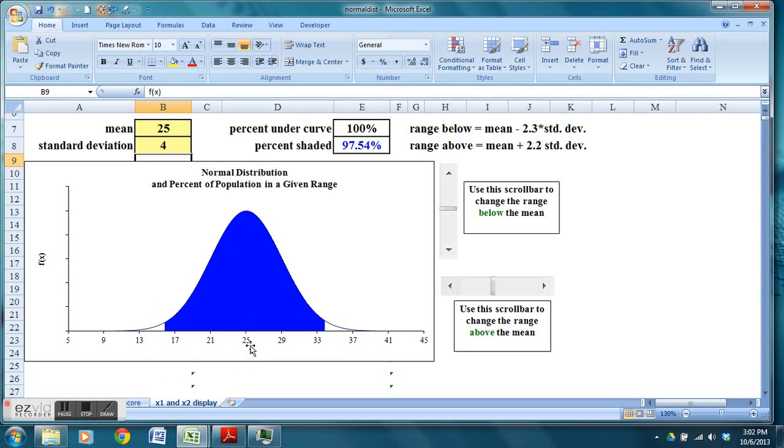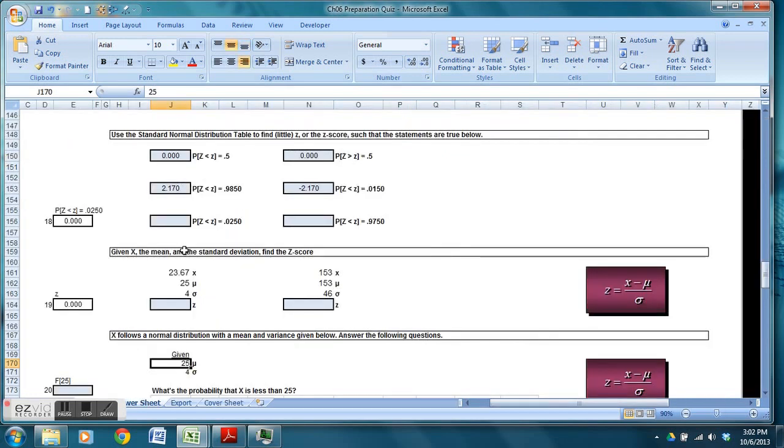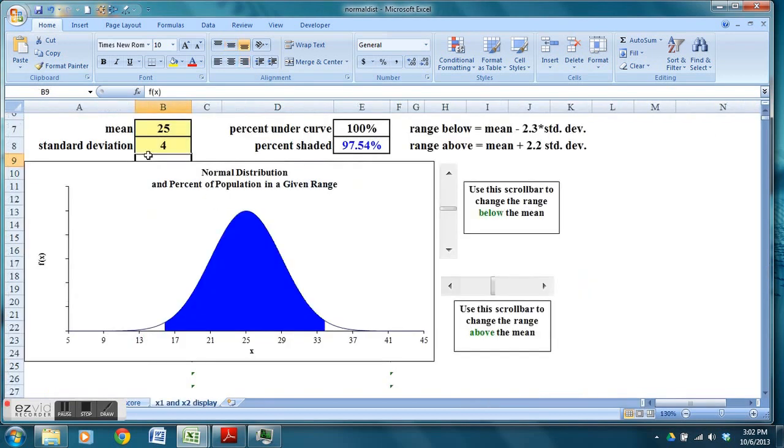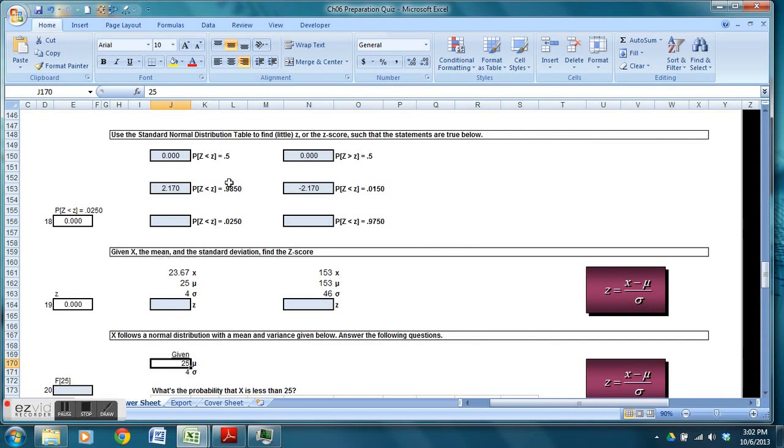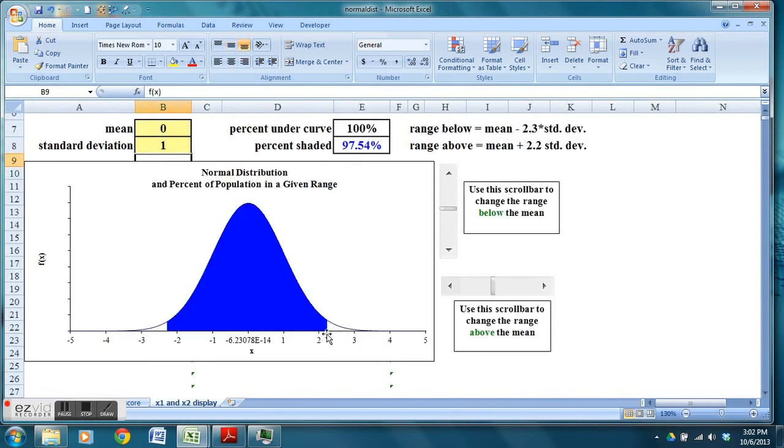You draw this graph and then we should just go ahead and put 0 and 1 in. And you have these two tails on the end. The first question is asking for the z-score that gives you 0.985. So that would represent this point right here and everything to the left of it.